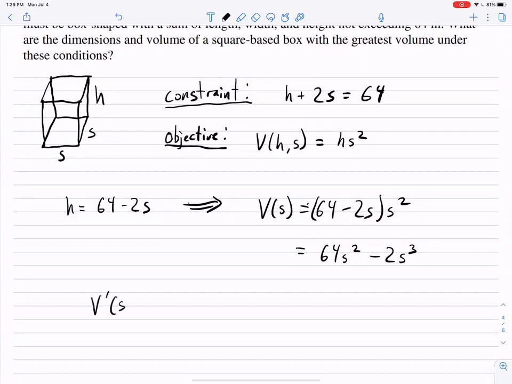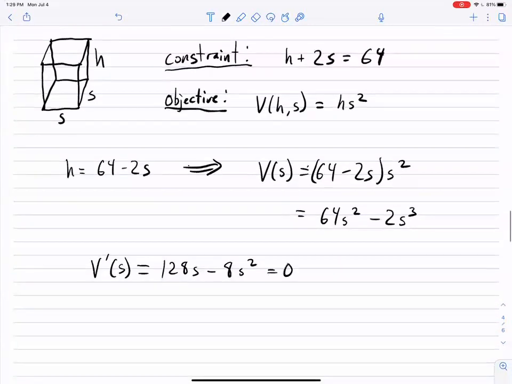So let's optimize it. What is the derivative? Well, it's going to be 128S minus 6S squared. Set it equal to 0.